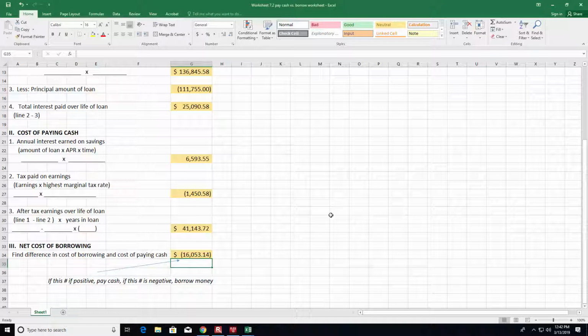Equals, you always have to start with an equal sign. 13A, page 295. Are we doing this forward?